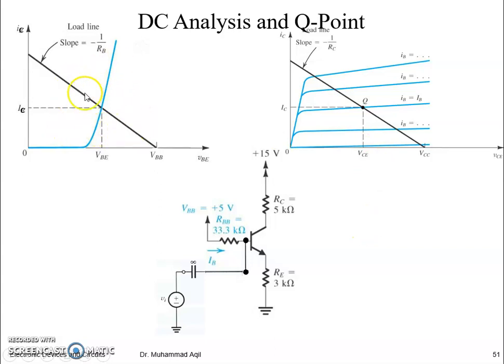These are the input DC load line and the output DC load line plotted along with the characteristics curve for your understanding. But now if we are going to apply this VI, what is going to happen?